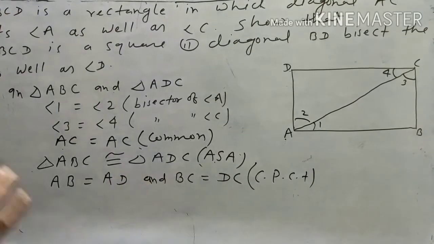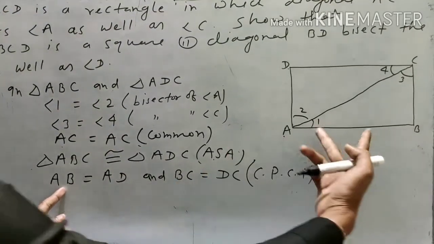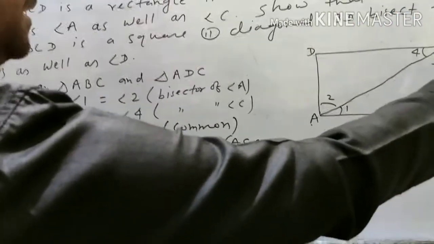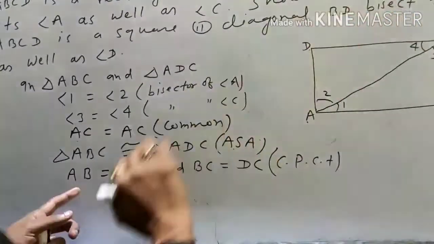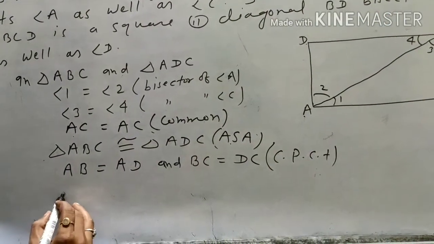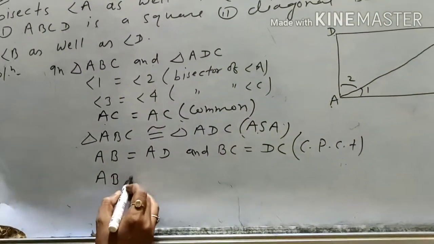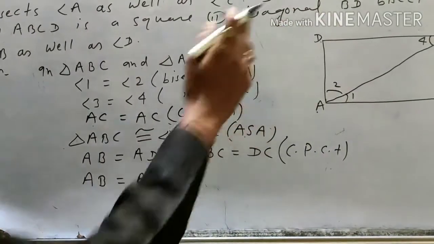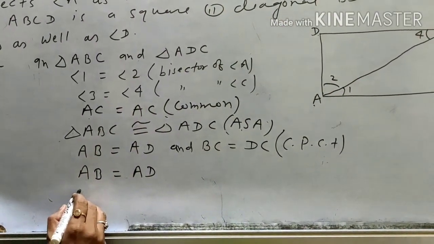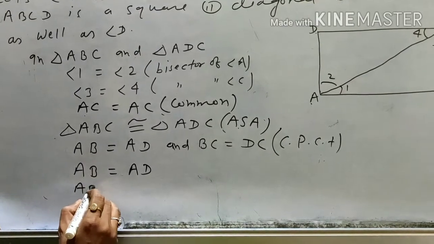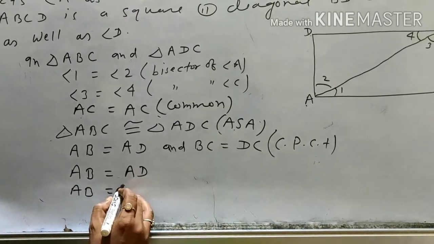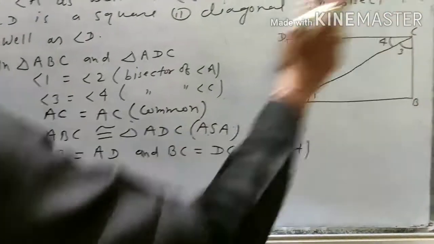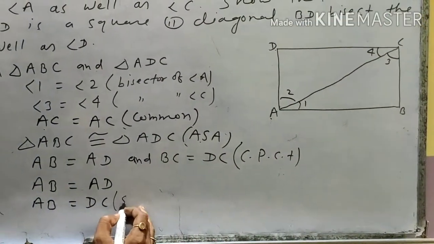Okay student, look here. By CPCT, AB is equal to AD. That means this side is equal to this side, and BC is equal to DC by CPCT. Here student, again write down AB is equal to AD by CPCT, and AB is equal to DC, sides of rectangle.